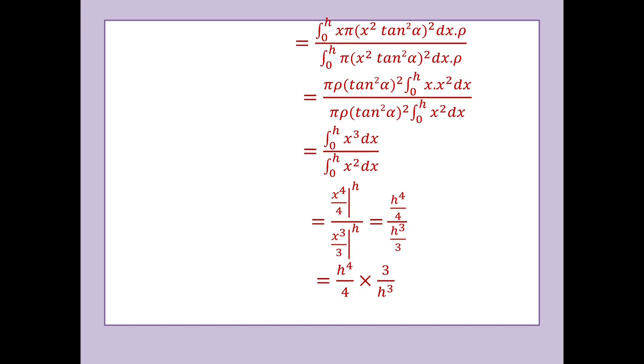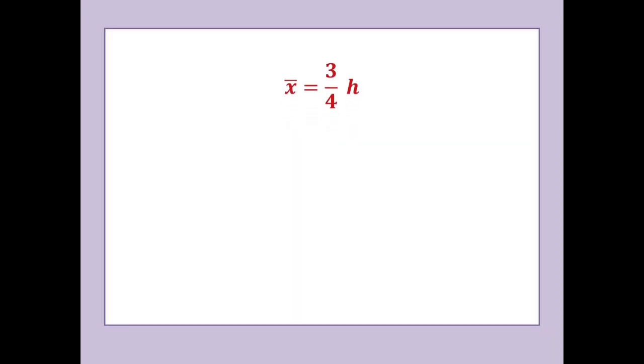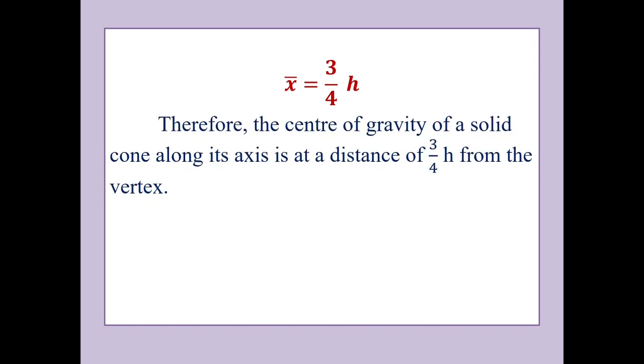So this h power 4 and h cube will get cancelled. The resulting x bar is equal to 3 by 4 h. Therefore, the center of gravity of a solid cone along its axis is at a distance of 3 by 4 times its height from the vertex A.